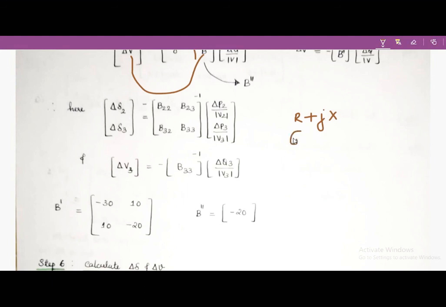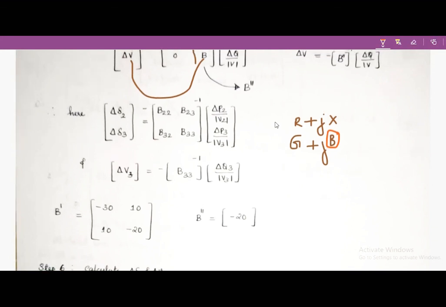Conductance G plus jB, isn't it? So this is admittance, isn't it? So this is the real part of the admittance, this is the imaginary part of the admittance. So if you are writing an admittance in a rectangular form, then its imaginary part will be the susceptance. Am I clear?